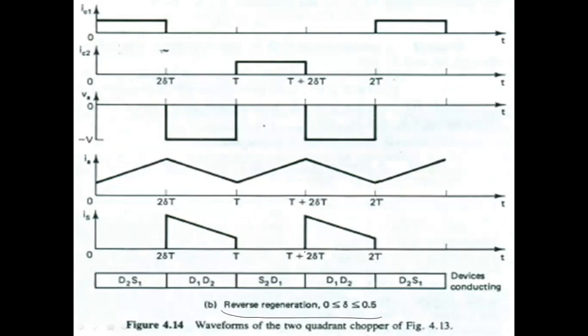Here we are getting either negative or 0. So if you get a negative, the average output voltage will be in the fourth quadrant. A positive average output will be in the second quadrant, and here the negative will be in the fourth quadrant.